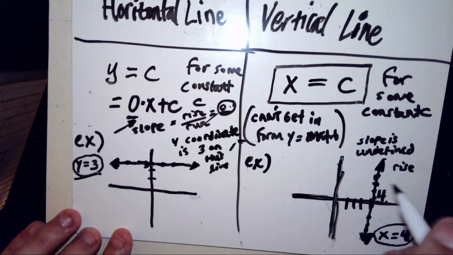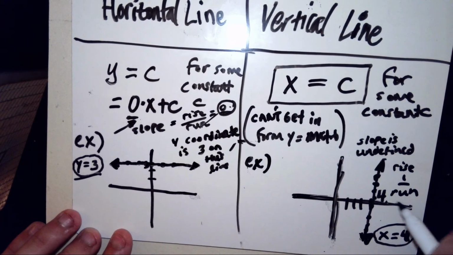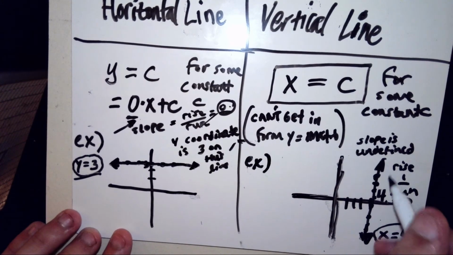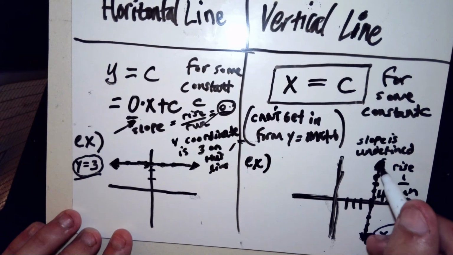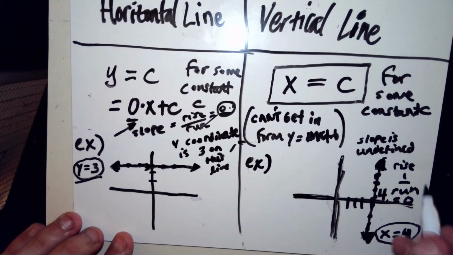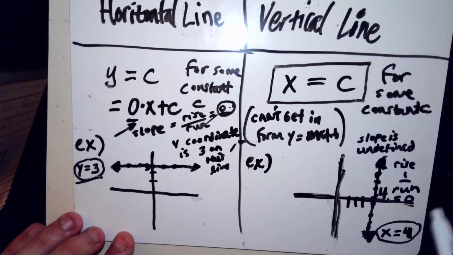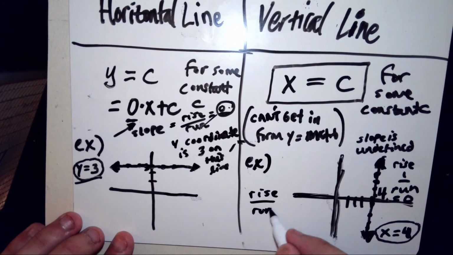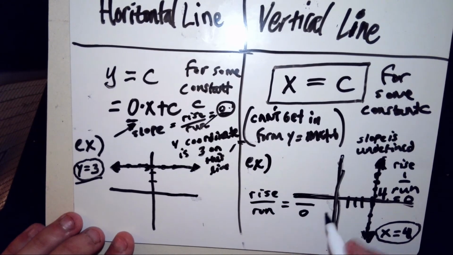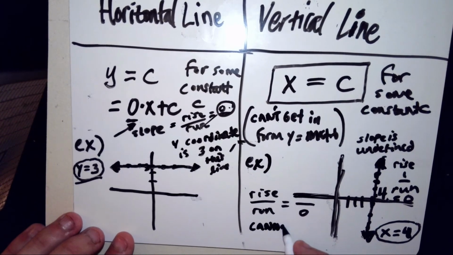Say from here to here it's 1, but then the run is 0 because you aren't going left or right at all. You're staying in that same vertical line. So yeah, this one has an undefined slope because it would mean that in the rise over run formula you would have 0 in the bottom, but one rule of math is that you cannot divide by 0.